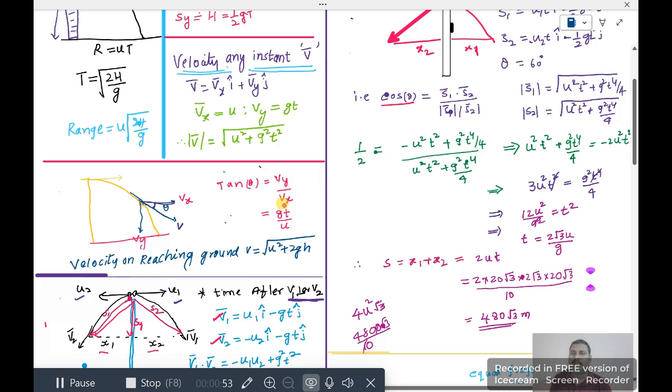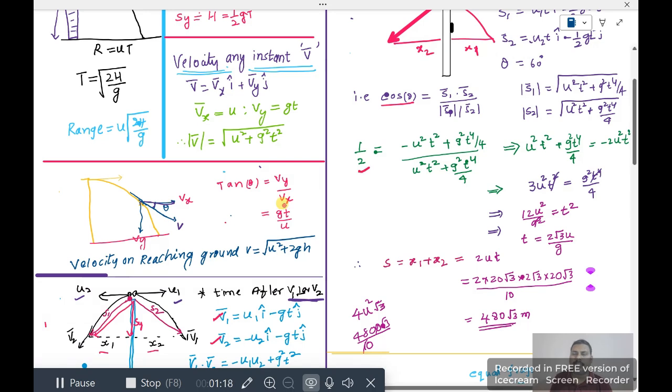Vectors will apply: cos theta is equal to S1 dot S2 by the magnitudes of S1 and S2. How to write the S1 displacement vector, I already explained in the previous step. And the magnitude, from the vector magnitude, is root over x square plus y square, because it is x and y related. Now from this, cos 60 is equal to 1 by 2.